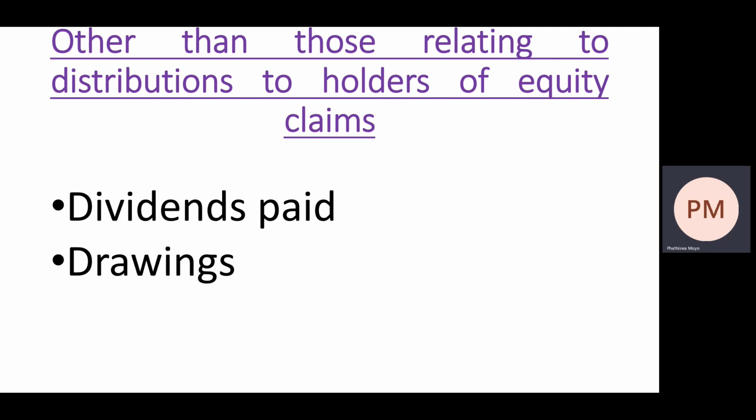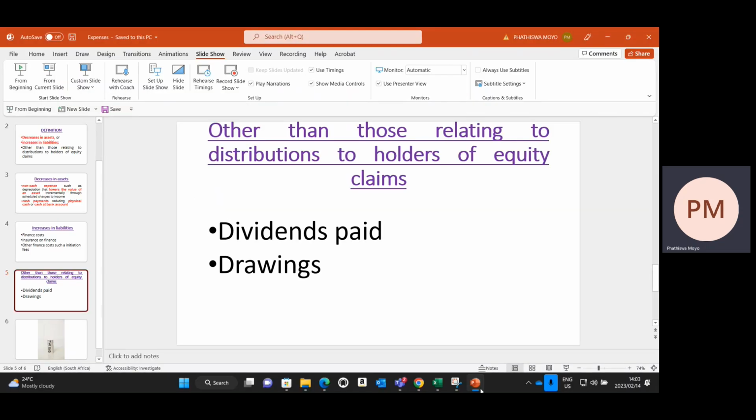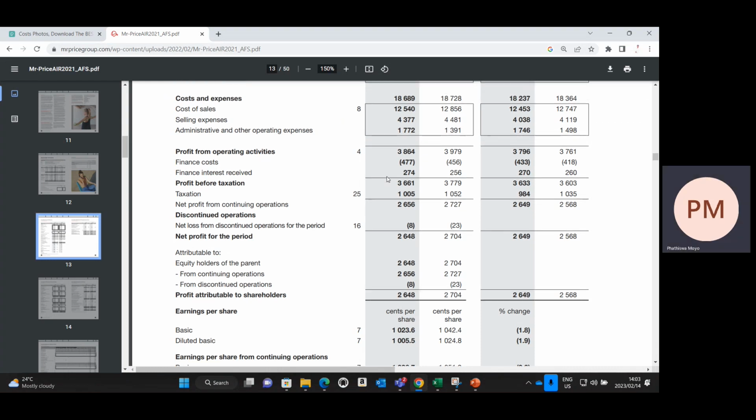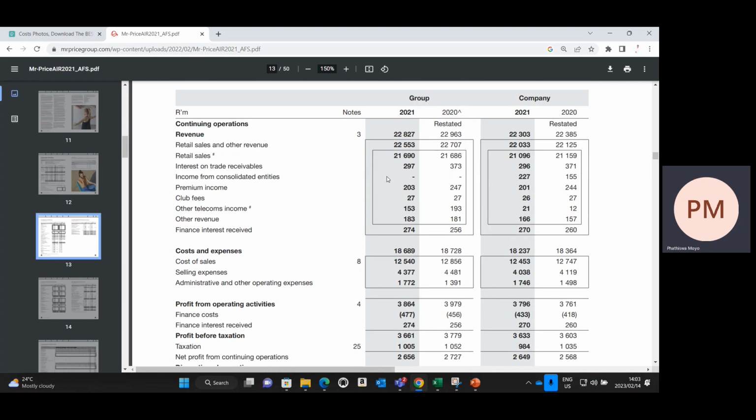So let's go to our show and tell if I still have it open. Okay. Let's look at this cost and expenses. So Mr Price has its cost sitting here, cost of sales, selling expenses, administrative, and other operating expenses.